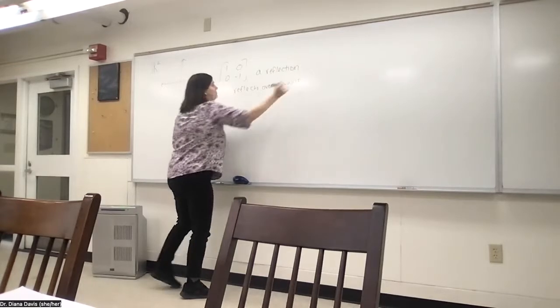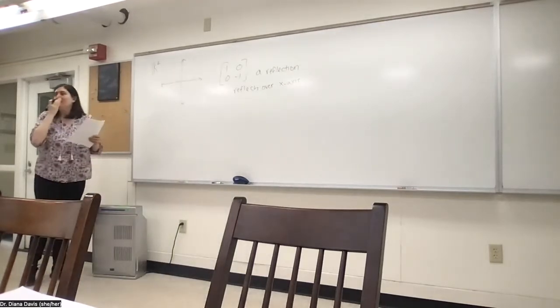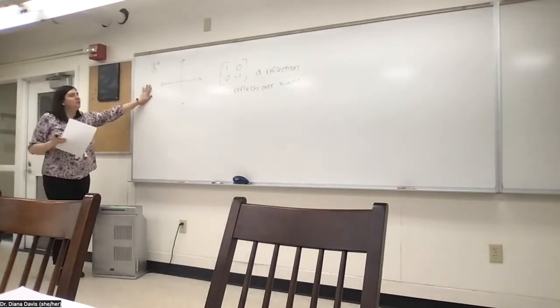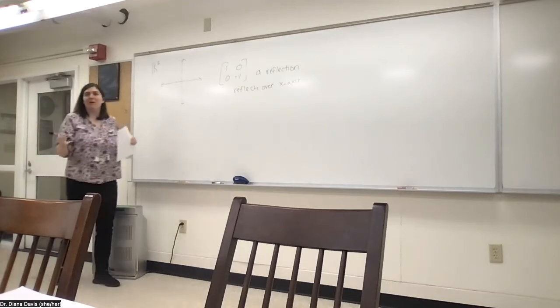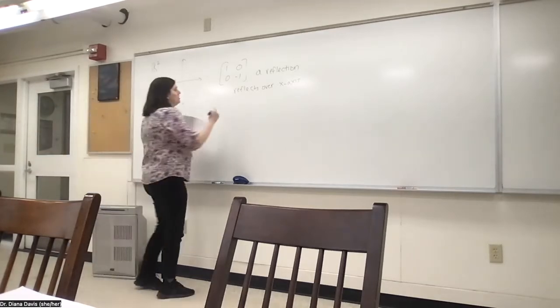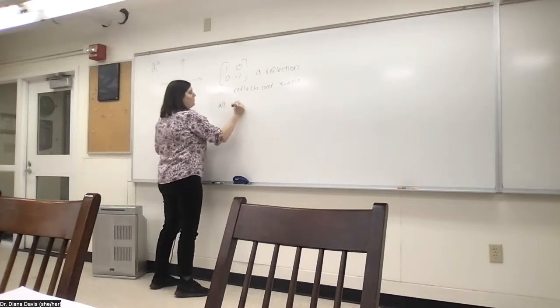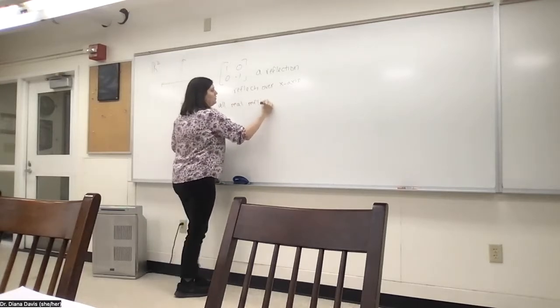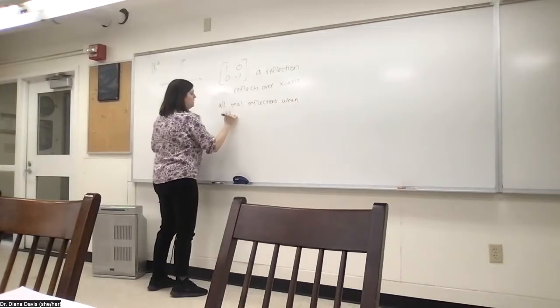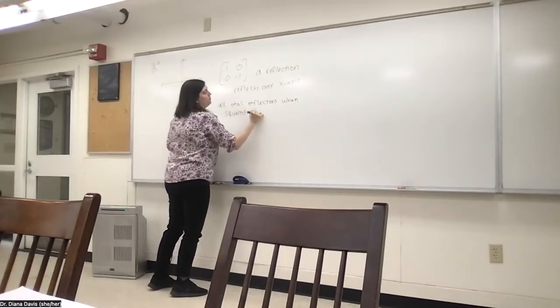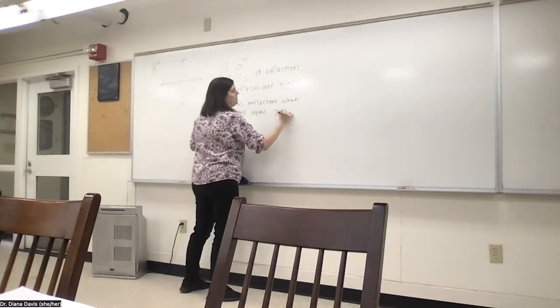Okay, and so all reflections in the real world are actually of order 2, meaning if you square them, then you get the identity. So all real reflections, when squared, equal the identity.